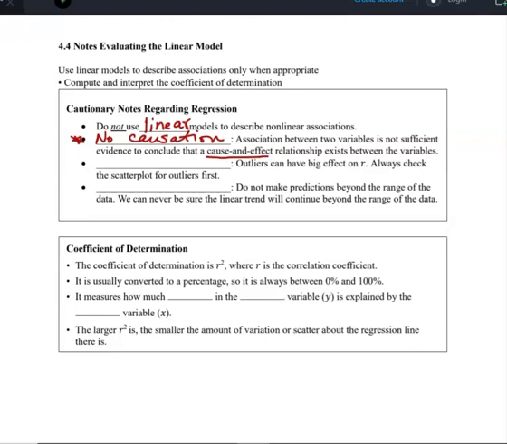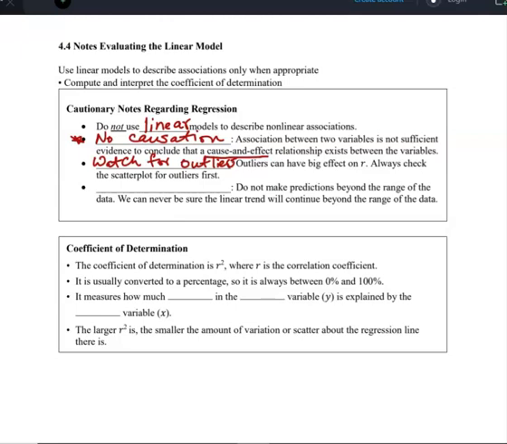The next one says outliers can have a big effect on R. Always check for the outliers in your scatter plot. Outliers really do make a difference. Remember, you can think of R in the same way we used to think of standard deviation. It gives us an idea of how spread out our data is.